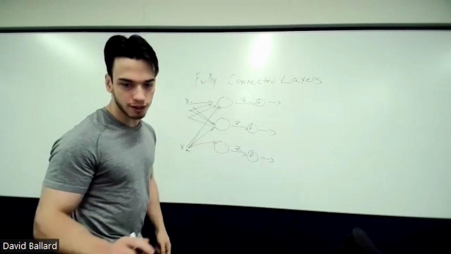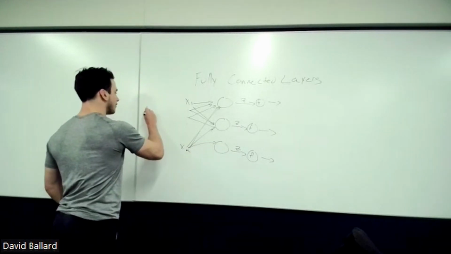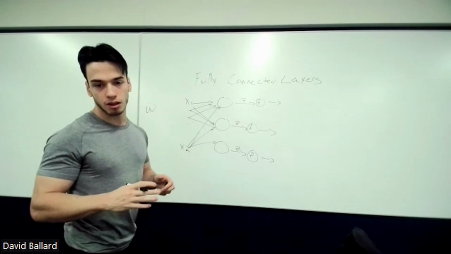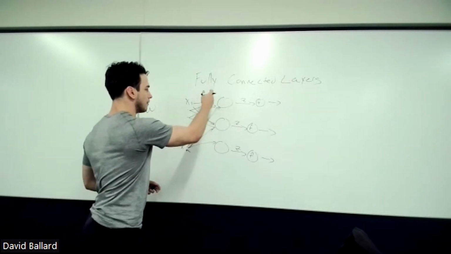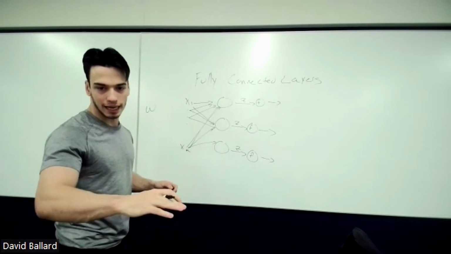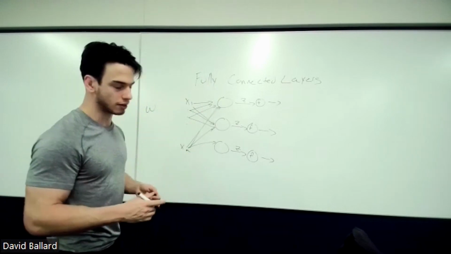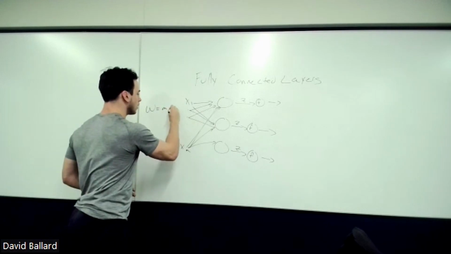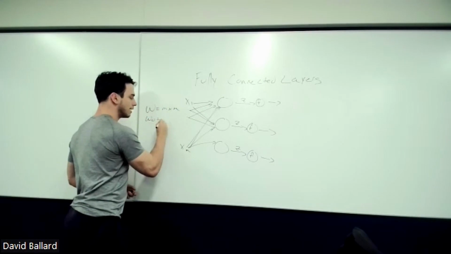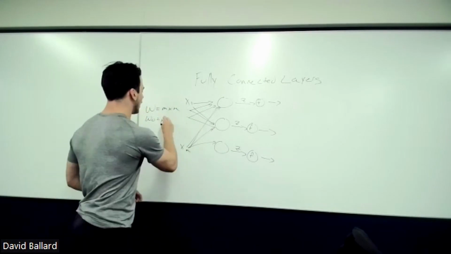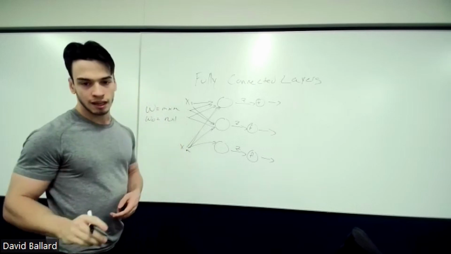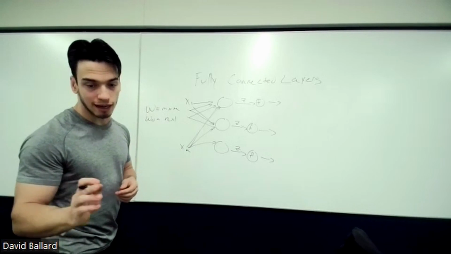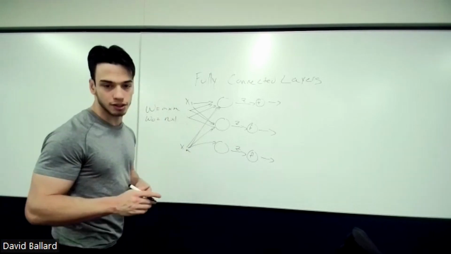So in a fully connected layer, we're going to have W, which represents your weight matrix. So you're going to have an M by N weight matrix. Your bias, W naught, is going to be N by 1 because our output is N by 1. And how do we write our activation?